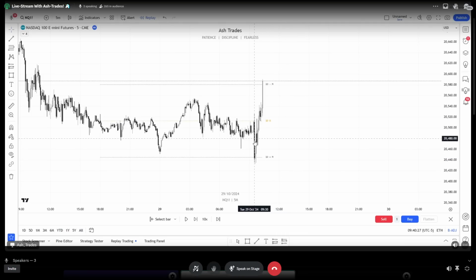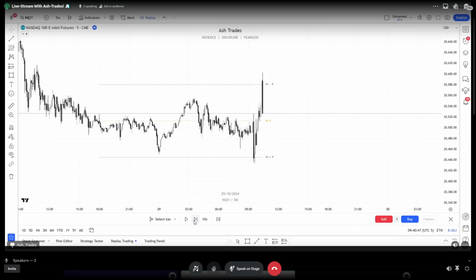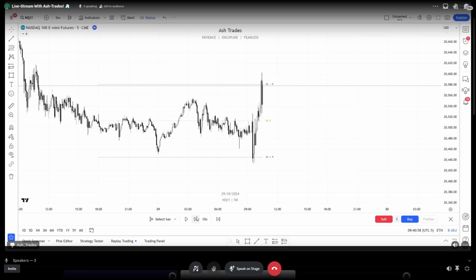We were moving lower. After we completed manipulation, we changed the direction and started moving higher. And what I'm trying to say is acceptance below or above the range can be seen if there's a change in the state of delivery. So let's walk through this here. No change in the state of delivery because price did not close below the candle that took liquidity. So there is no change in the state of delivery there.